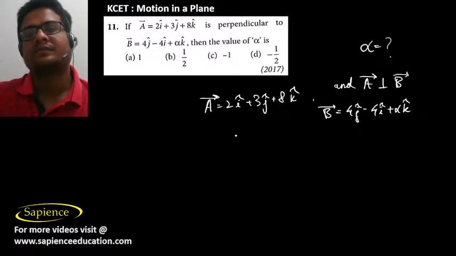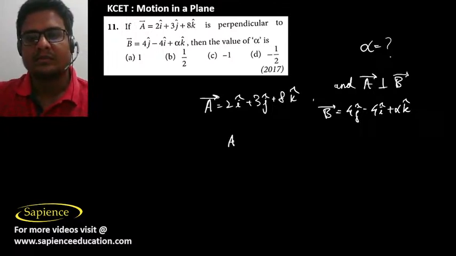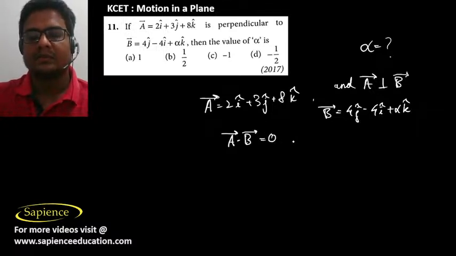So a dot b is equal to 0. A dot b should be equal to 0.